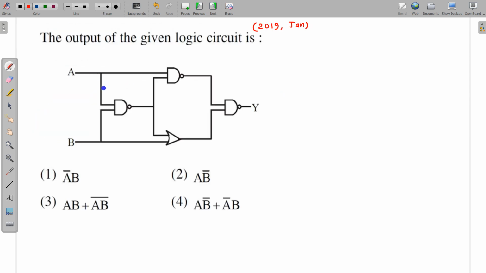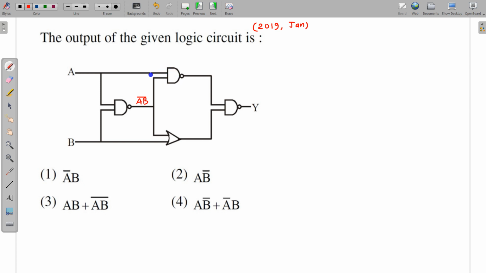Next question. In this question, again this kind of situation is given, and we have to find this output in one of these options. One thing is we can make the truth table and verify which option is going to be correct, and we can also use the Boolean algebraic relation. So this A is fed into this, and this B is fed into this, and this is a NAND gate, so it will give AND and bar over it, so it will give AB bar. What is fed into this gate?